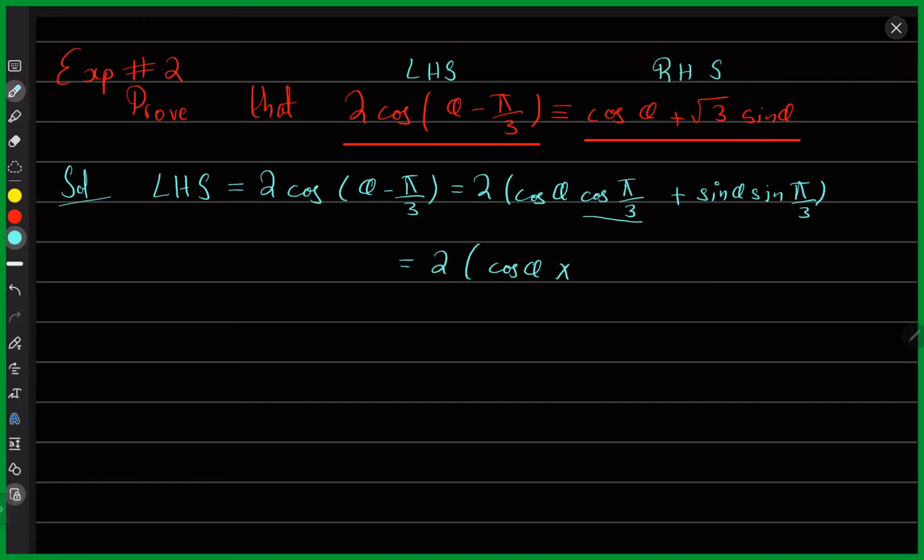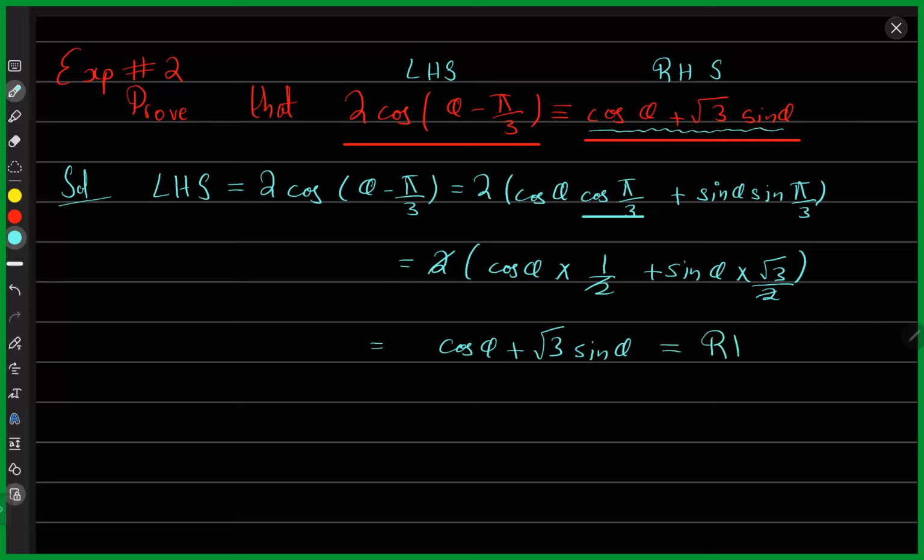Cos pi by 3 would basically give me 1 by 2 plus sine theta. Sine pi by 3 would give me root 3 by 2, and I can write this thing as this 2 and this 2 would be cancelled, and then this 2 and this 2 would be cancelled. So I would get cos theta plus root 3 sine theta. That is basically my right hand side, hence proved.